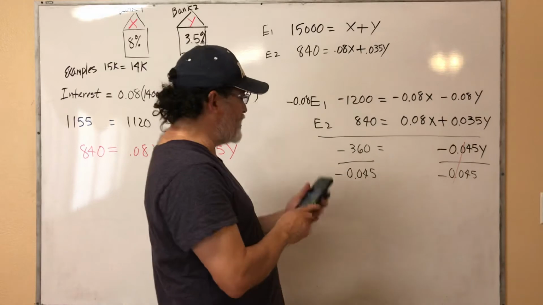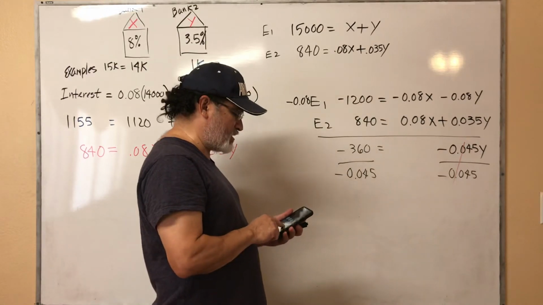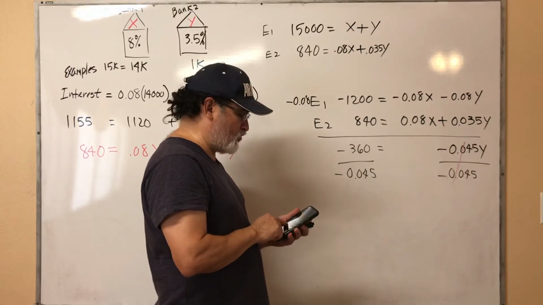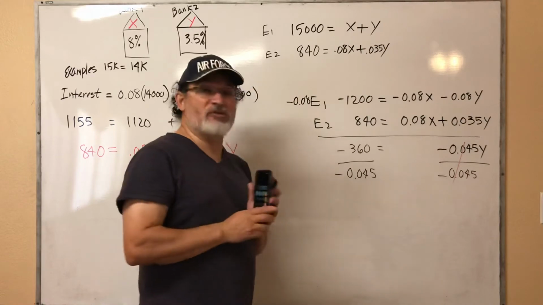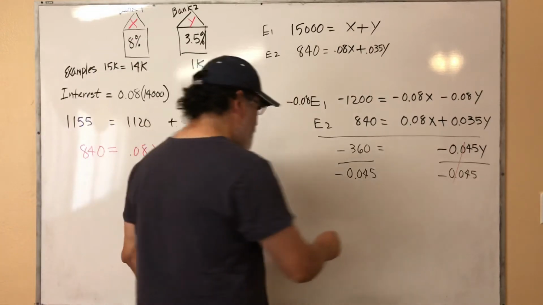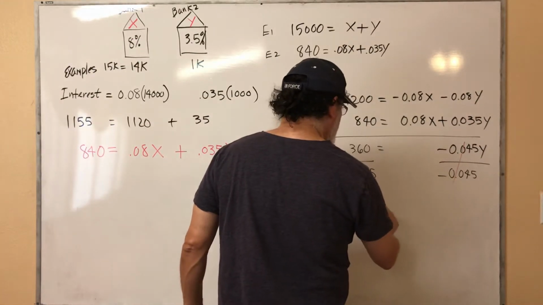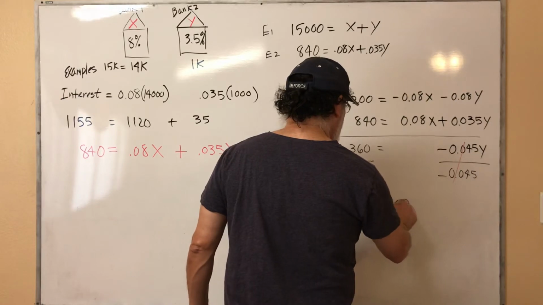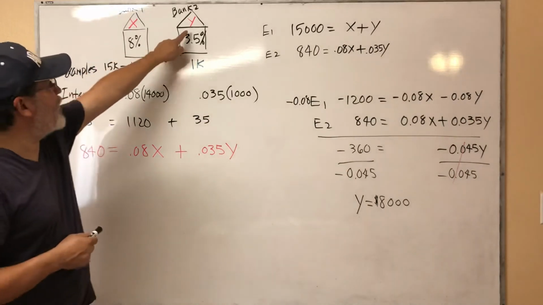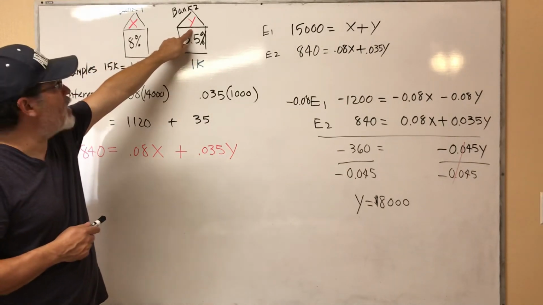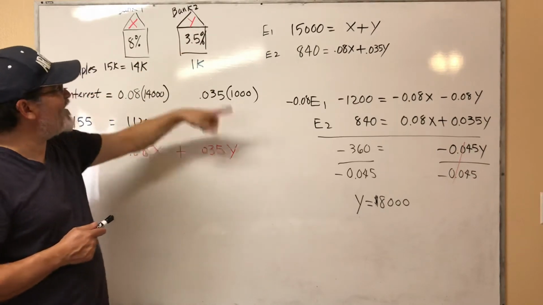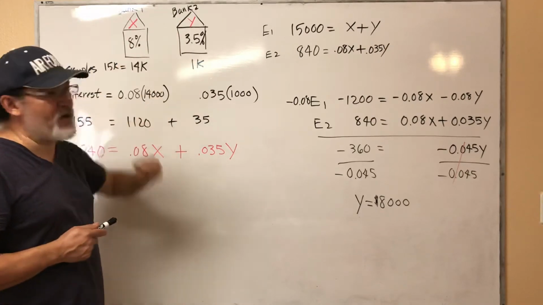So let's see, take 360 divided by 0.045, and we get 8,000. So y is 8,000. Y equals $8,000. So right there. Therefore $8,000 have been invested in bank 2 at 3.5%.